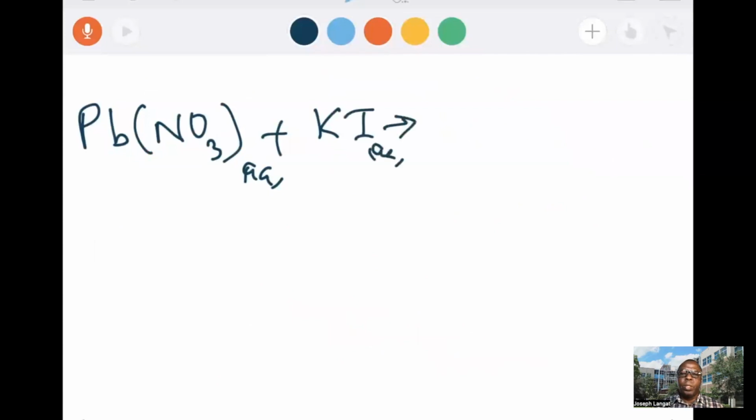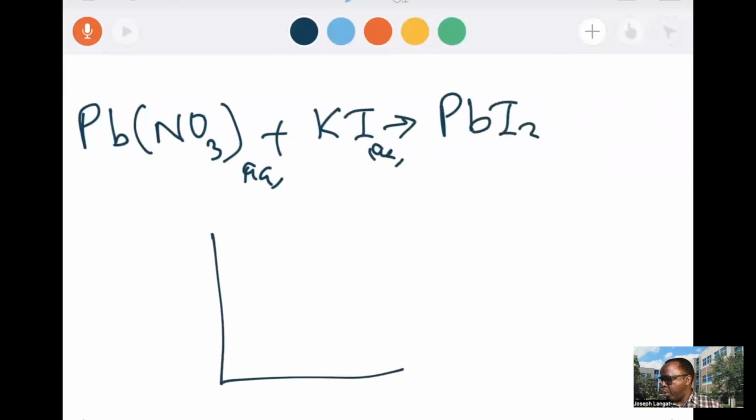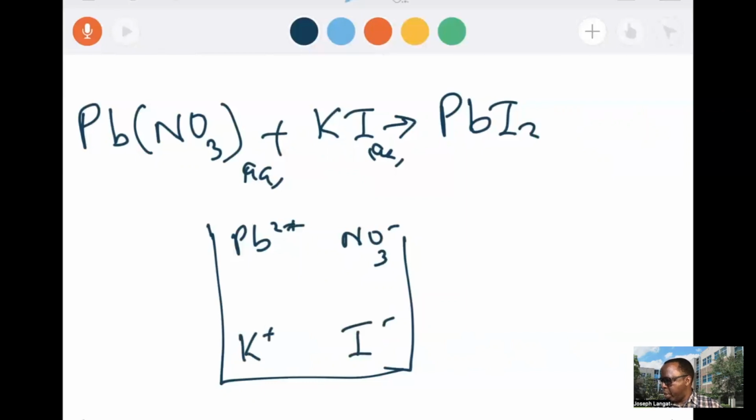The correct formula for lead(II) iodide is PbI2. Remember how to predict the correct formulas for your products: from the first reagent, there is Pb2 positive and nitrate negative, K positive, I negative, so this combines with that and you end up with the correct formula here, plus KNO3.